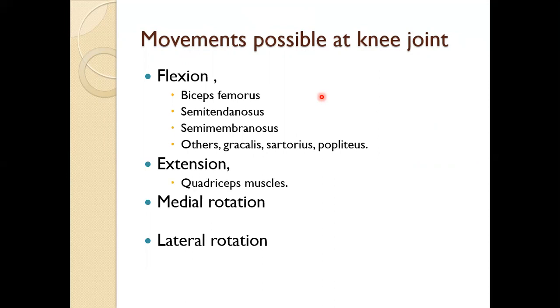Extension is made possible by the quadriceps muscle, the four muscles of the anterior compartment of the thigh. Medial rotation is made possible by the sartorius, the gracilis, and the semitendinosus muscle. The biceps femoris is responsible for flexion, but it is also responsible for the lateral rotation of the knee joint.